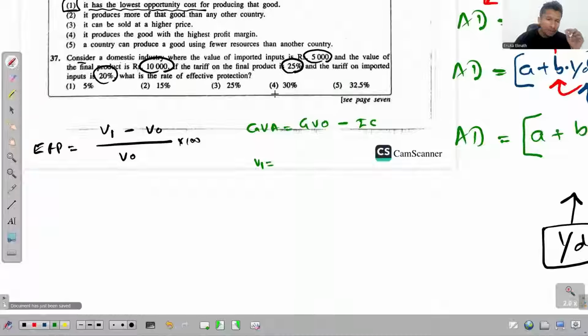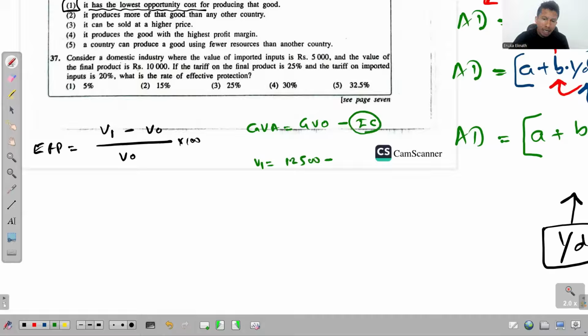So under the tariff system, the gross value of output gets increased by 25%. The normal price without tariff is 10,000. If it gets increased by 25%, the new gross value of output has to be 12,500.